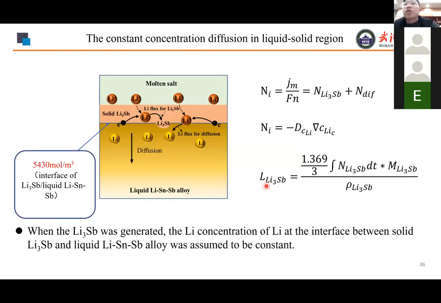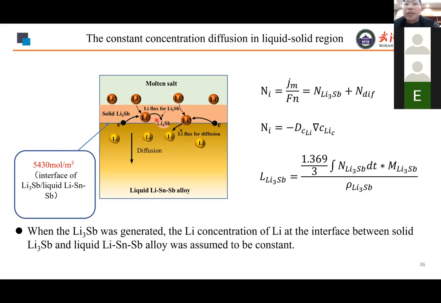When the concentration reaches the critical value, the solid lithium antimonide will be generated and cover the surface. After this point, the lithium ions need to go through the solid layer to be reduced at the interface of the solid layer and the liquid lithium tin antimony alloy.